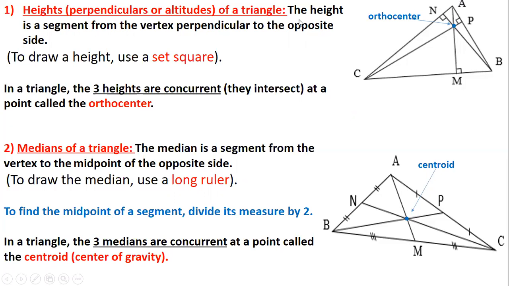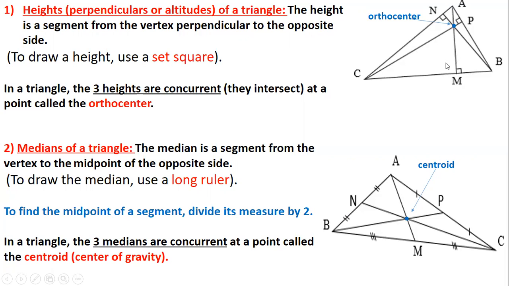Let us first define a height. The definitions are very important that you memorize. The height is a segment that is drawn from the vertex perpendicular to the opposite side. So from vertex A, I can draw a height to side BC. How?